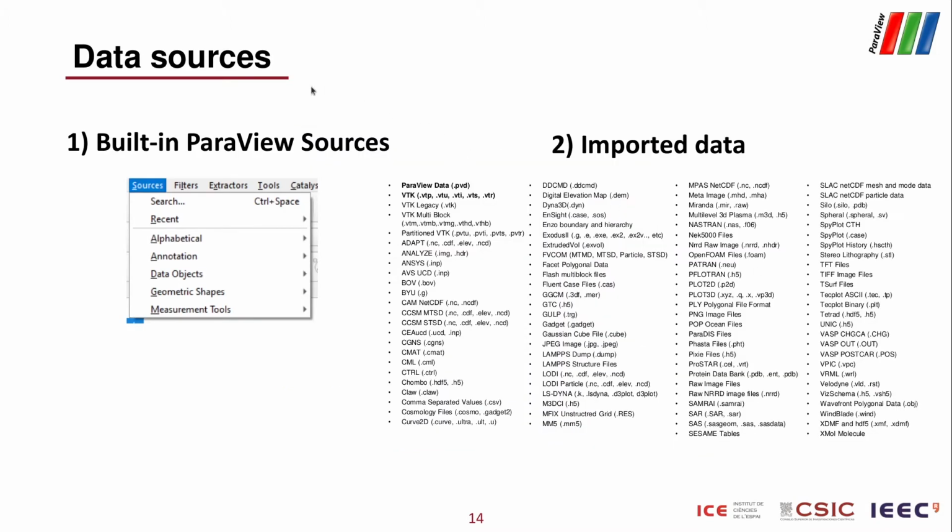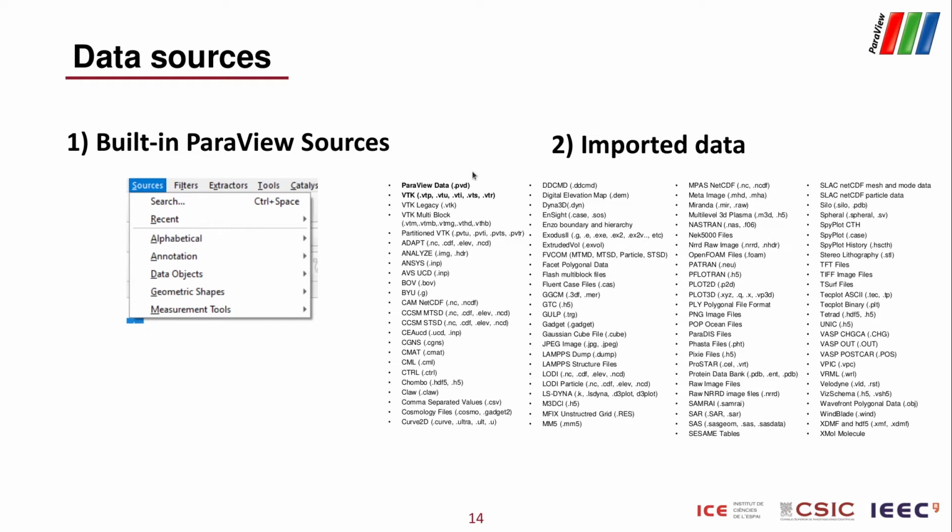First of all, we have to understand the sources of data of ParaView. ParaView has two different types of sources. It has some built-in ParaView sources, which we can find within the sources menu here on the top. For example, we can get some geometric shapes like cubes, spheres, etc., or even data.